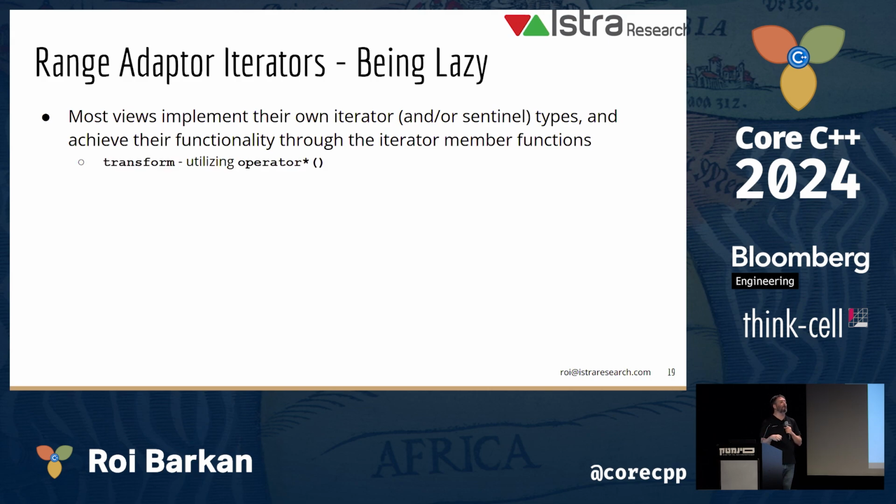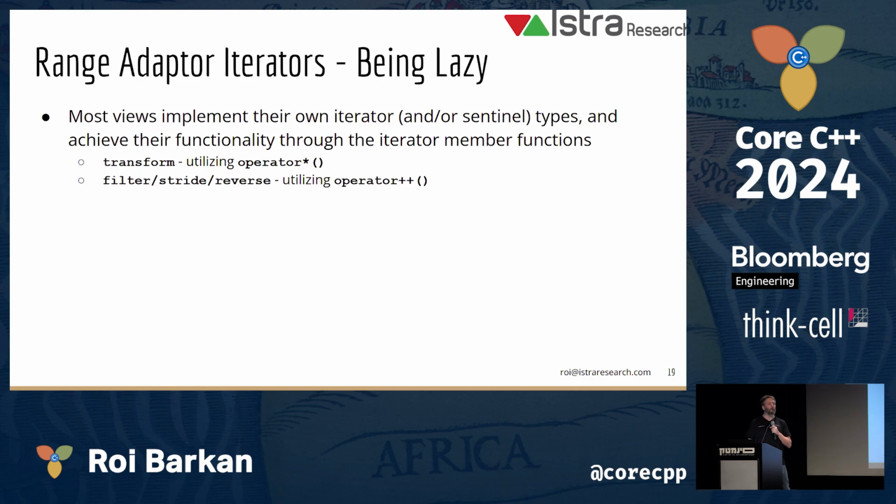For the transform adapter, for example, it has a special iterator where the only special thing about it is the way that it implements its dereference or star operator, right? So when I dereference the iterator of the transform adapter, it will dereference the underlying range and then perform some transformation and return the transformed results.